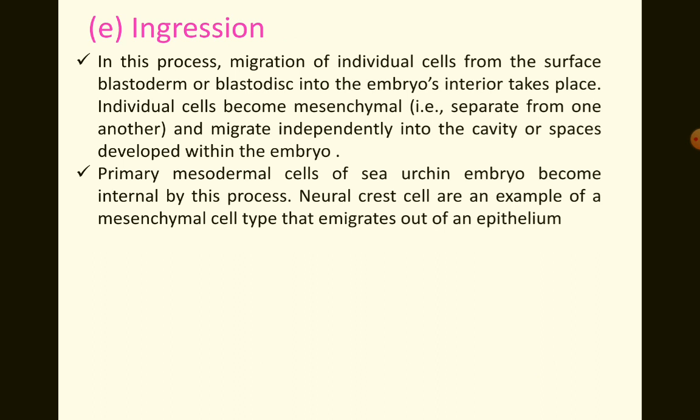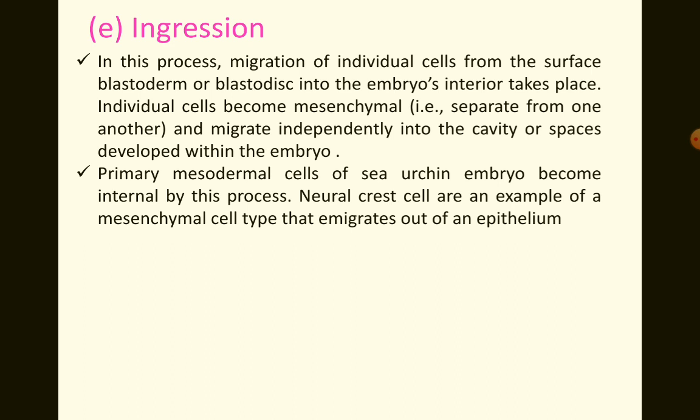Now the next one is ingression. In this process, migration of individual cells from the surface blastoderm into the embryo's interior takes place. Individual cells become mesenchymal, that is, they separate from each other and migrate independently into the cavity or the spaces in the developing embryo.